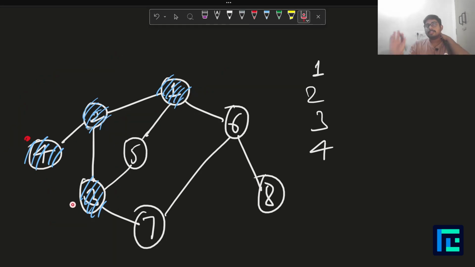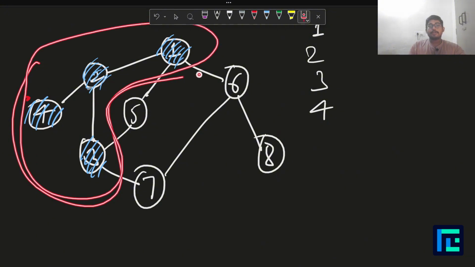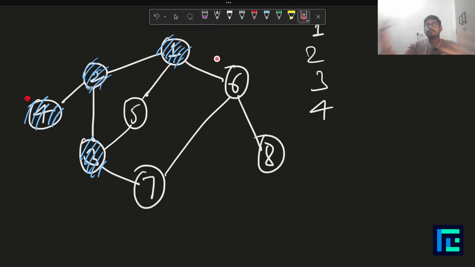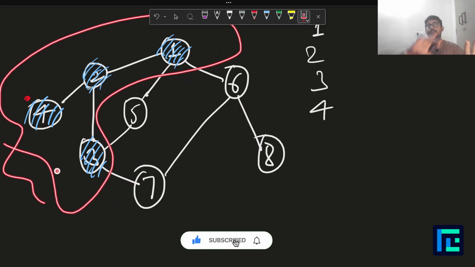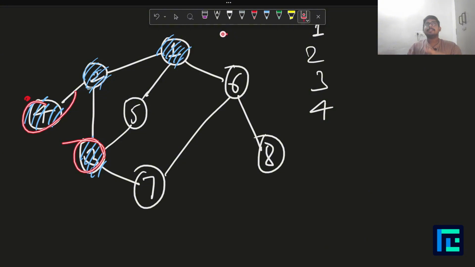Through this dry run, you would have got the logic. What we need to do is basically, at any point of time, the visited nodes would always form a connected graph. Whenever you are visiting nodes, the visited nodes would obviously be connected, only then are you able to visit all of them. If there is one node in the middle which is not visited and all those around are visited, that is never possible, because you would have to cross through that node in order to visit.